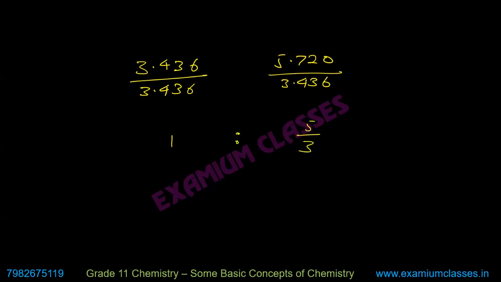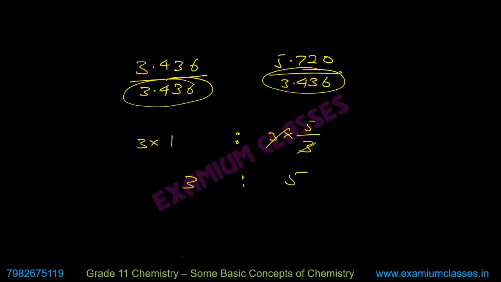So the ratio is this one. Now, as I divided by the same number, I can multiply by the same number. So now I multiplied both sides by 3. Why did I multiply by 3? Because I want to get rid of this denominator. So the 3 got cancelled. Sir, 1 is to 5 by 3, so 3 comes in the numerator also, no, sir? Yes, from there we get 3 to 5.